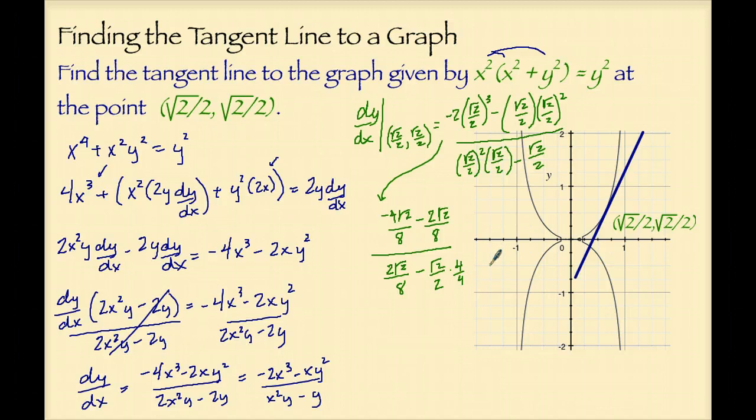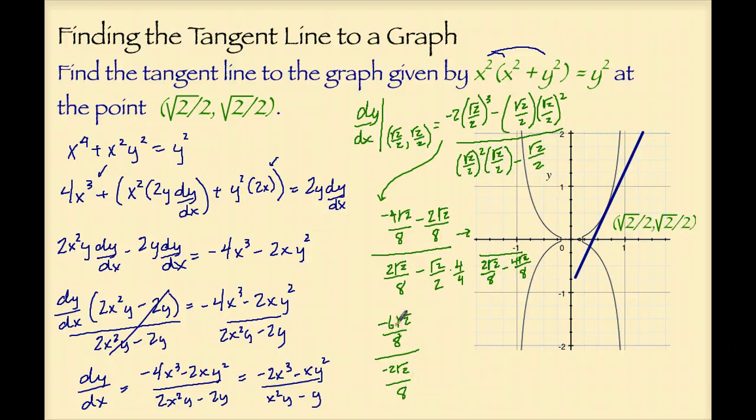So that denominator will become 2 square root of 2 over 8 minus a 4 square root of 2 over 8. Now we're going to have the same numerator. Simplifying this gives me a negative 6 square root of 2 over 8 over, since this is now a 2 minus 4, a negative 2 square root of 2 over 8.